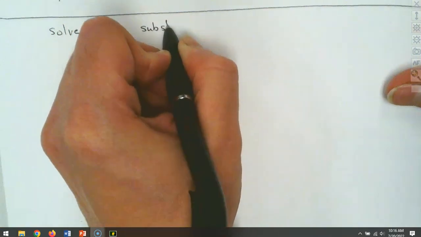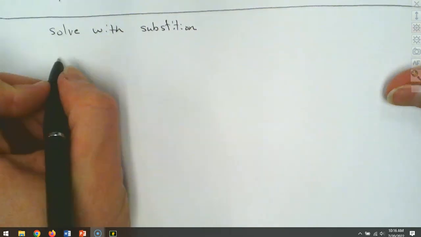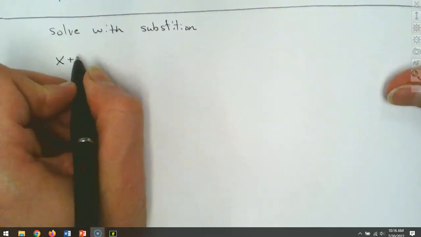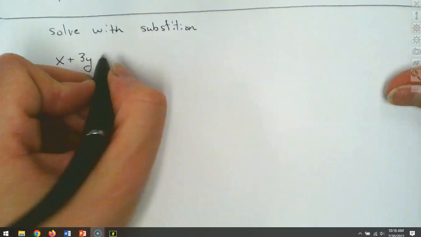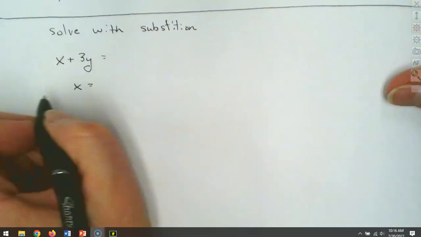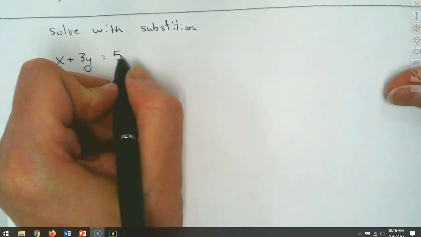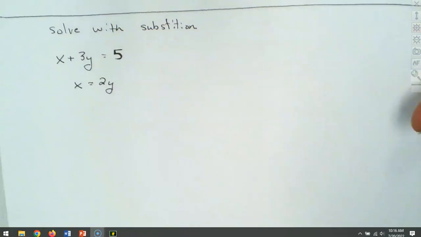We're going to solve with substitution first. This is going to be a pretty easy one.